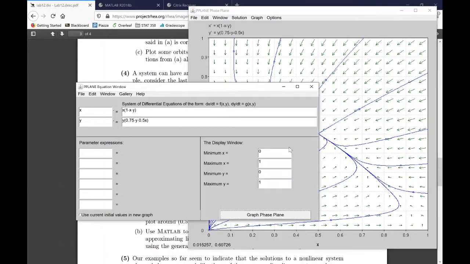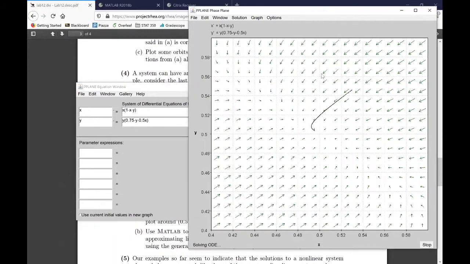Okay, so let's just change our bounds to 0.4 and 0.6, just to get a bit closer. And you can see this looks a lot closer to a normal linear system.